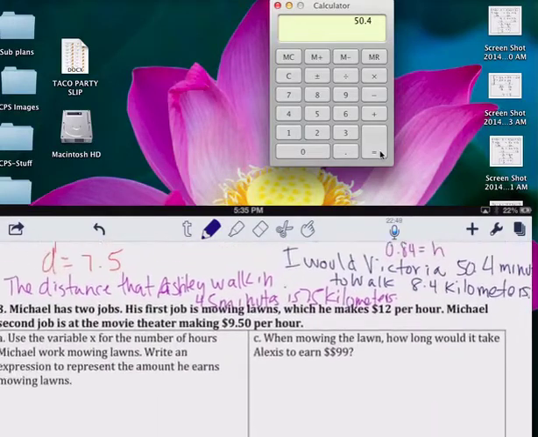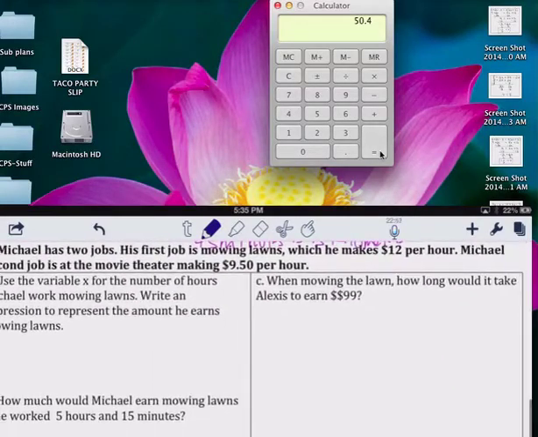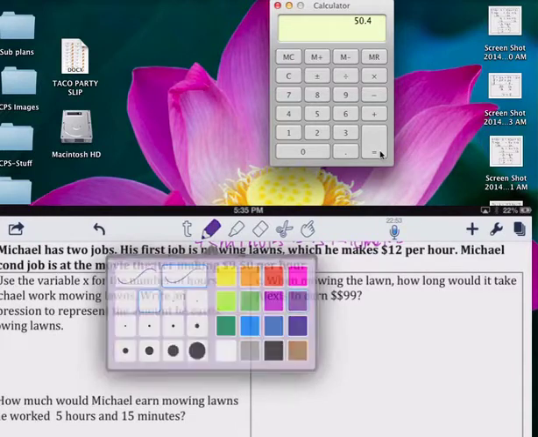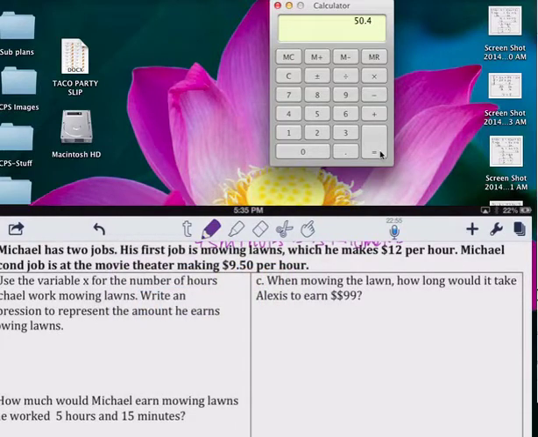Okay, here we go. Michael has two jobs. His first job is mowing lawns, which makes him $12 an hour. Michael's second job is at the movie theater, making $9.50 per hour. Use the variable x for the number of hours Michael worked mowing lawns. Write an expression to represent the amount he earns mowing lawns.